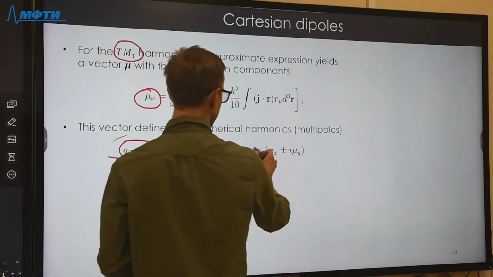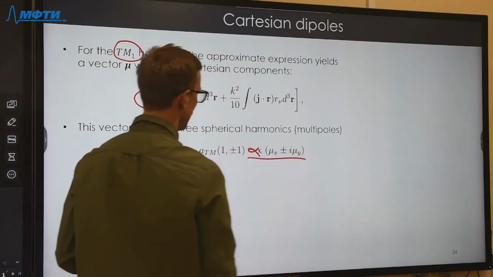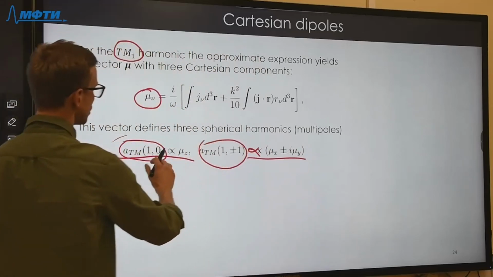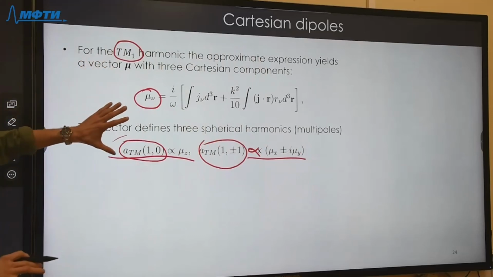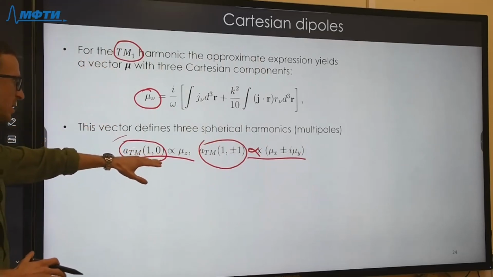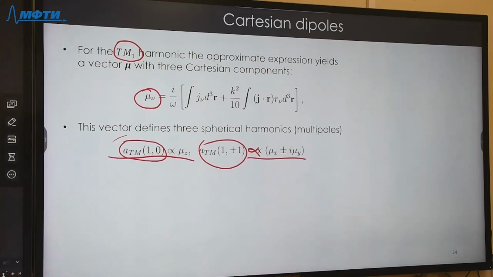And this combination, mu x plus minus i mu y, will give us these 2 amplitudes. So for TM1, we have 3 possible harmonics: TM 1 minus 1, 1 plus 1, and 1, 0. And we have correspondingly 3 Cartesian components of this vector.